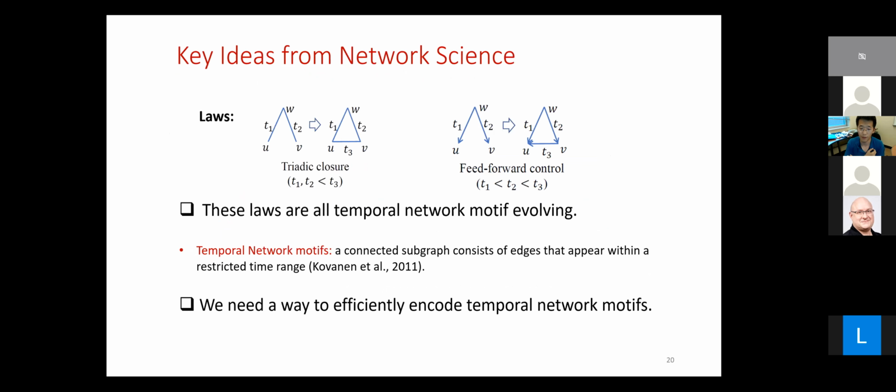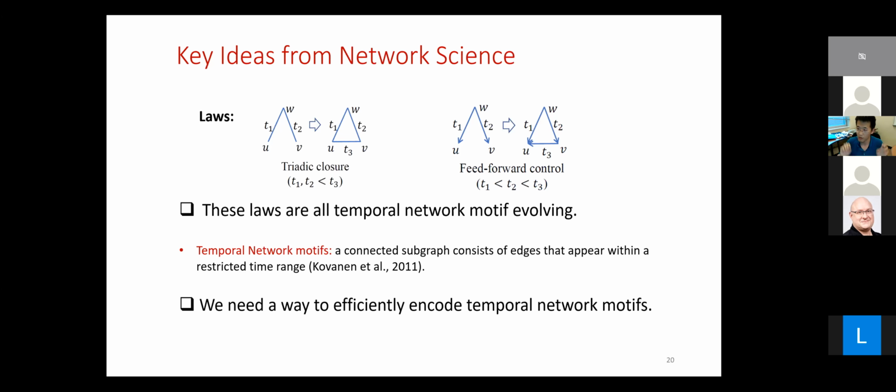There are a lot of fundamental laws, and these fundamental laws can be viewed as temporal networks evolving. If we can properly represent these temporal networks, then we can solve this problem. The only challenging question is how we can efficiently represent or encode these temporal networks.